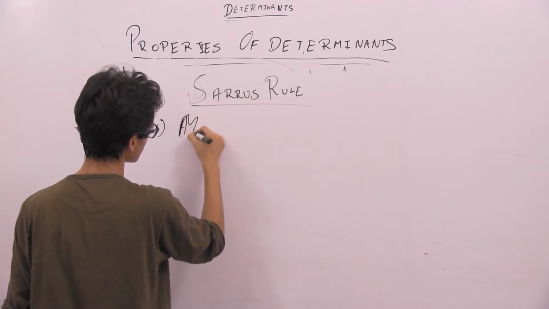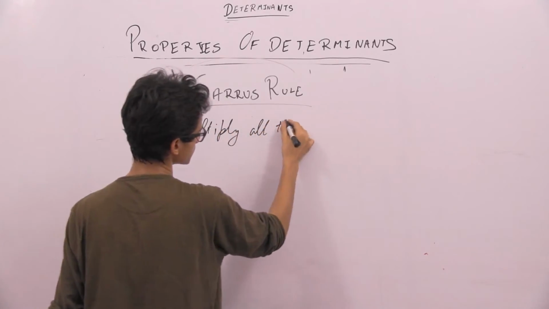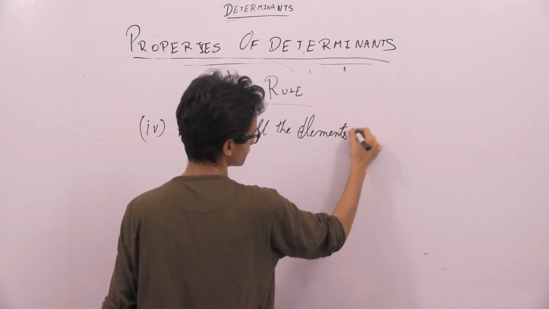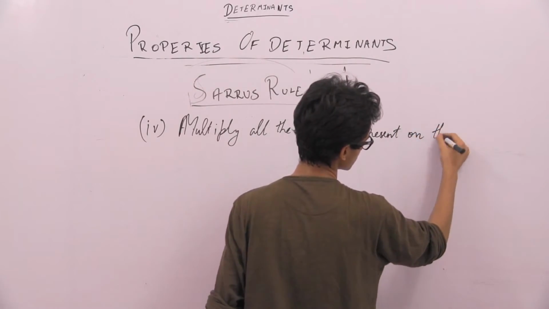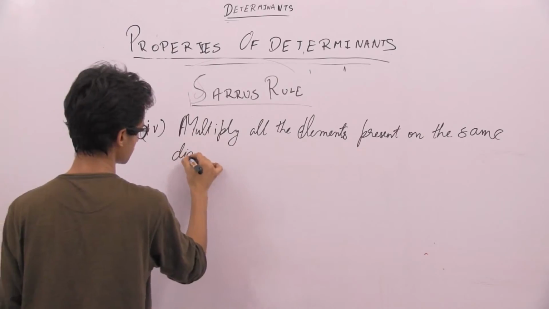Now multiply all the elements present on the same diagonals together.